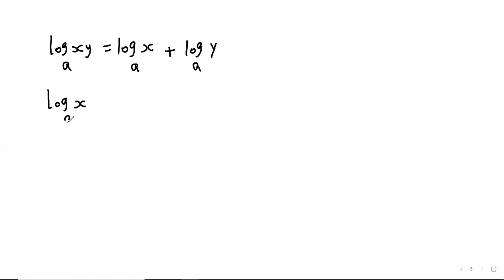So log xy in the base a is the same as log x in the base a plus log y in the base a. Remember, I assumed that log x in the base a is b, and log y in the base a is q.